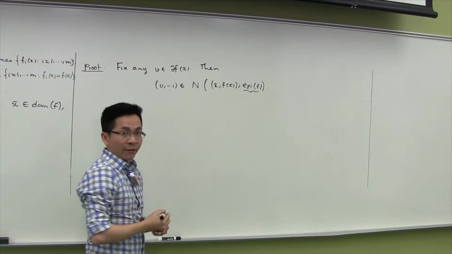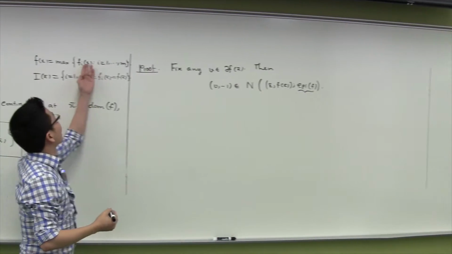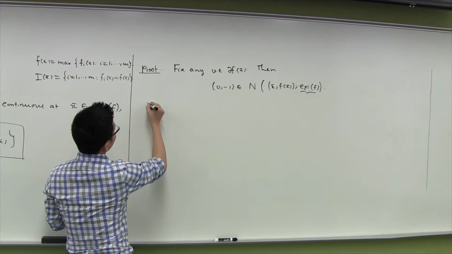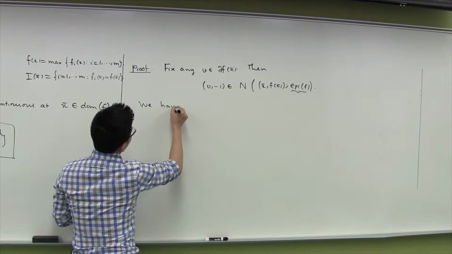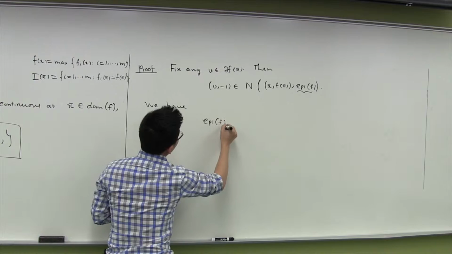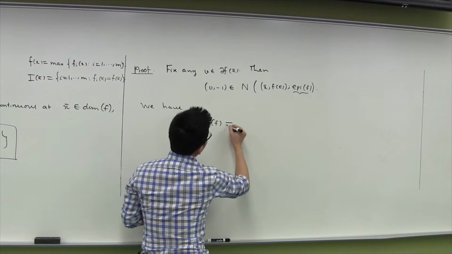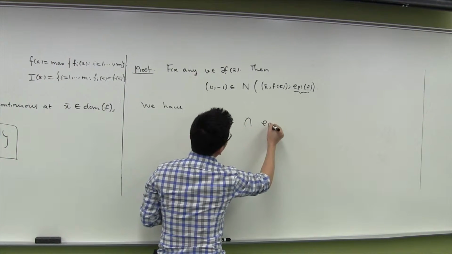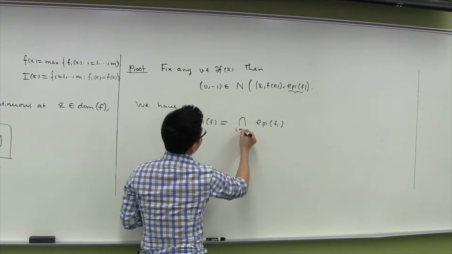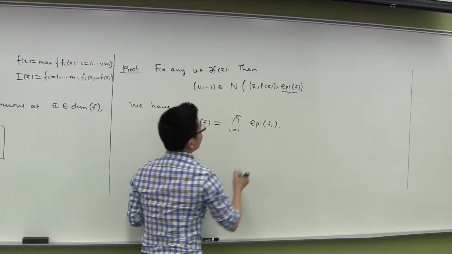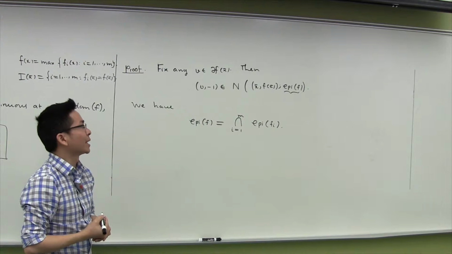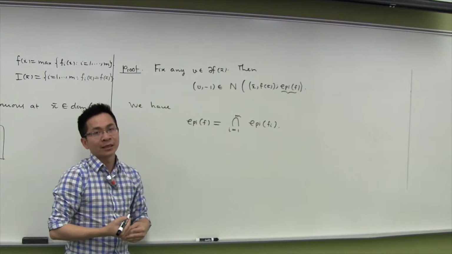Now, because f is the max of fi for i from 1 to m, we have that the epigraph of f is equal to the intersection of the epigraph of fi, where i runs from 1 to m. The proof of this is very easy. We only need to apply the definition of the epigraph.